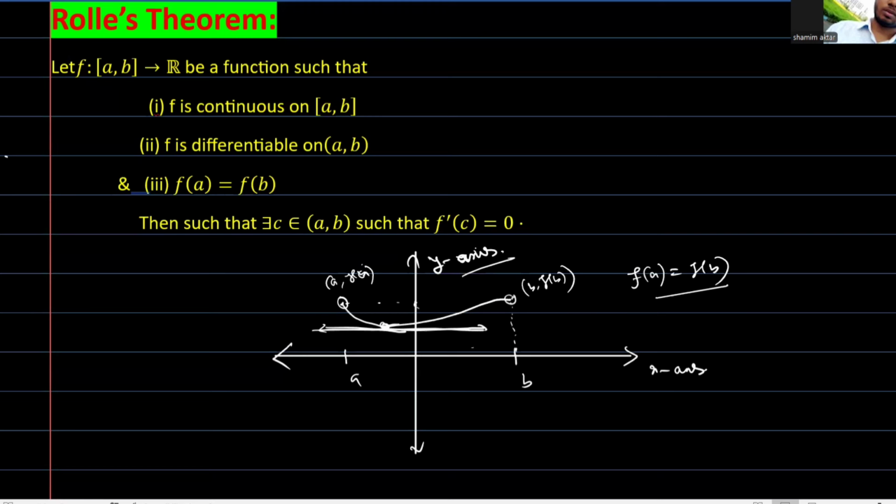So the slope of the tangent at the point is equal to 0. This corresponding point is my c. So here f'(c) equal to 0. That means Rolle's theorem guarantees that such a c lies between a and b. This is what Rolle's theorem says. So this is the graphical view of Rolle's theorem.